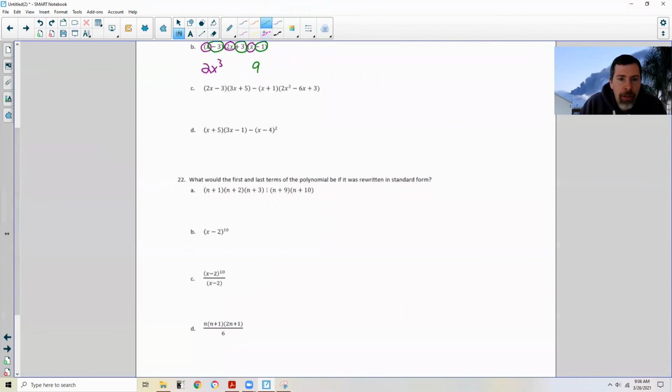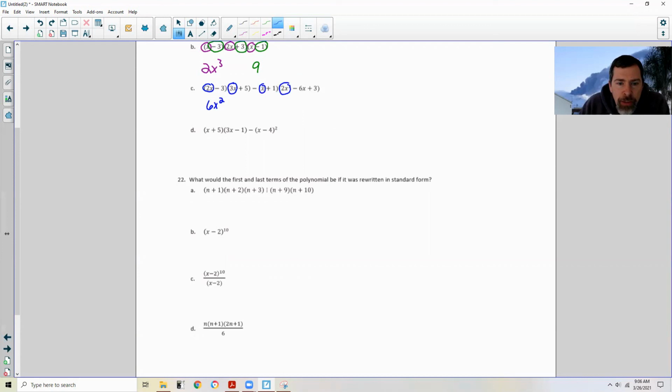All righty. Part C, a little bit more difficult. We've got a bit more of a mess here. We need to be careful. I have a 2x here. I have a 3x here. I multiply those and I get 6x squared. Over here, I have x times 2x squared.